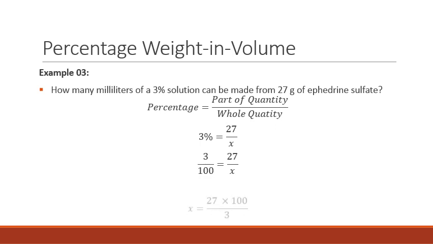If we keep x on one side and bring the rest of the values to the other side, x will be equal to 27 into 100 divided by 3. So x will be equal to 900 ml. That means from 27 gram of ephedrine sulfate we can make 900 ml of 3% solution of ephedrine sulfate.